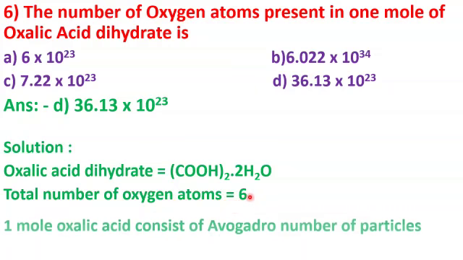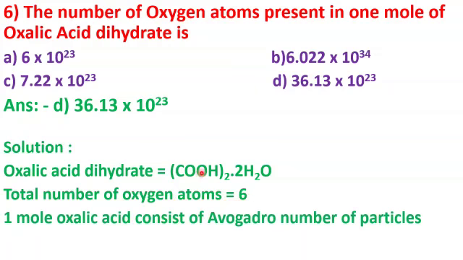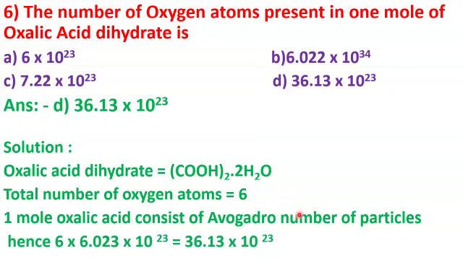Here it is 6: 2 into 2 is 4, 4 plus 2 equals 6. 1 mole of oxalic acid has Avogadro number of particles, that means 6.023 into 10 to the power 23. Hence here 6 atoms of oxygen are present. So 6 into 6.023 into 10 to the power 23. So the answer is 36.13 into 10 to the power 23.